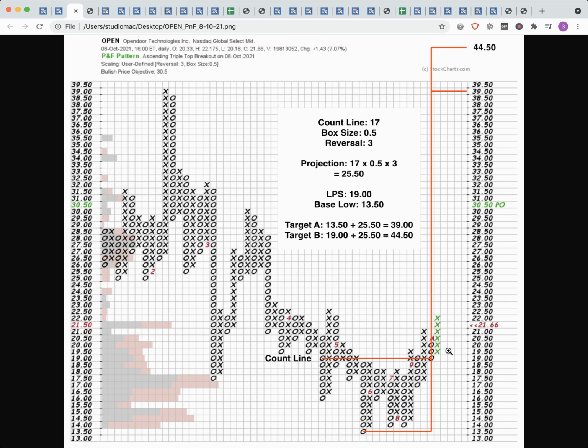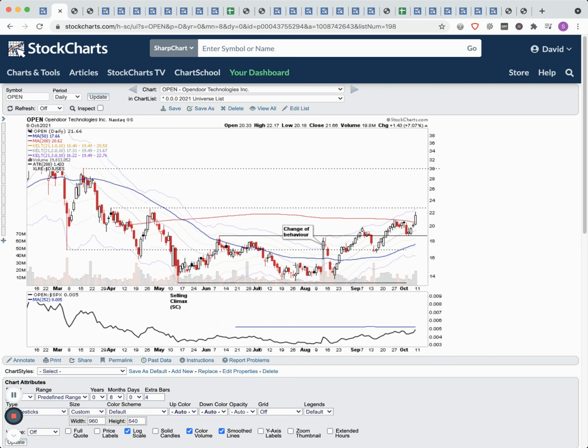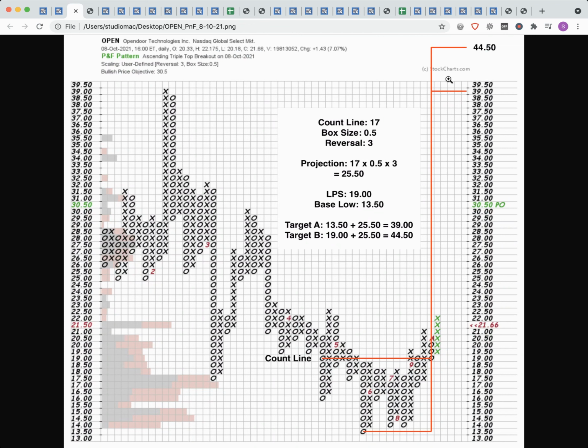So if we use the Wyckoff method, point and figure horizontal counting method, in order to generate targets, you can gauge the cause from this base and how much energy it's built up during the basing process and how much potential it's got to move. So at the moment, from the smaller base down here, the count line was 17. We're using a 0.5 box size with a three-box reversal, so that gives you a 25.5 projection on top of these two areas here.